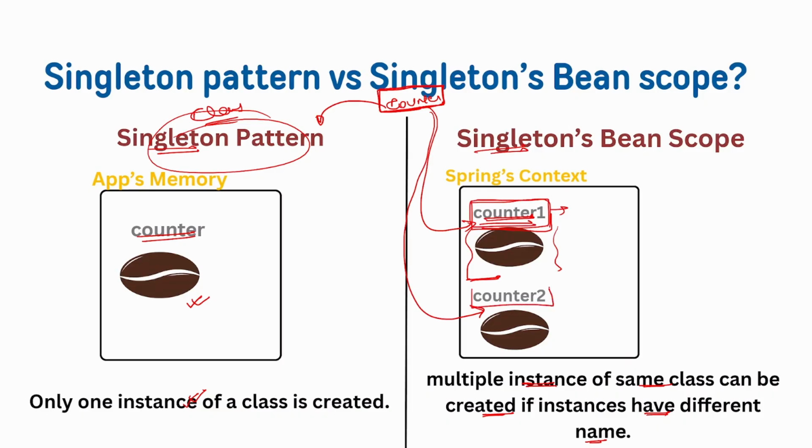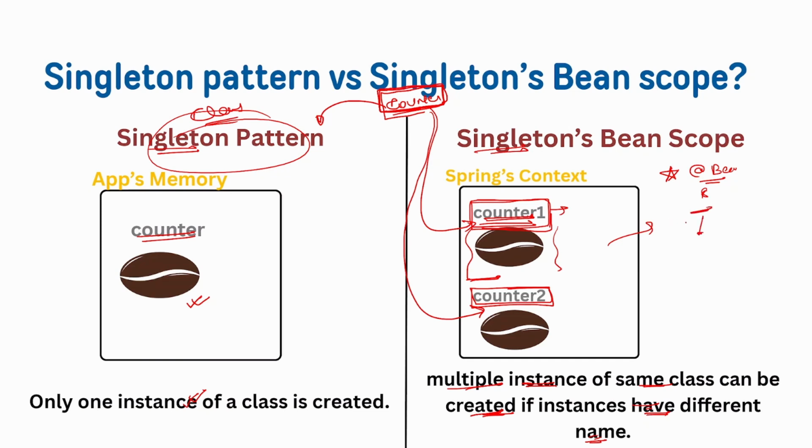If counter2, then only one counter2 will exist. But multiple instances of the same class can be created if the instances have different names. And you all know how we can create multiple instances of the same class. This is only possible with the help of the @Bean method call and not with the stereotype annotation.